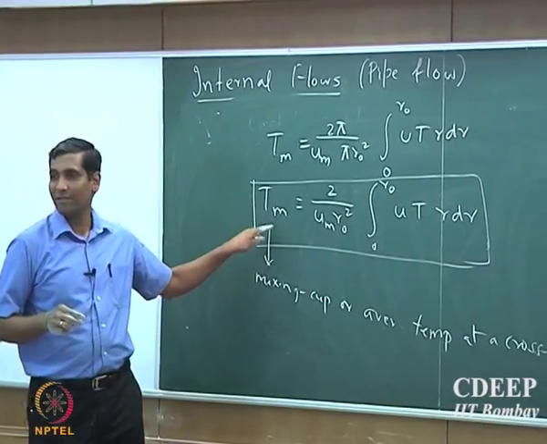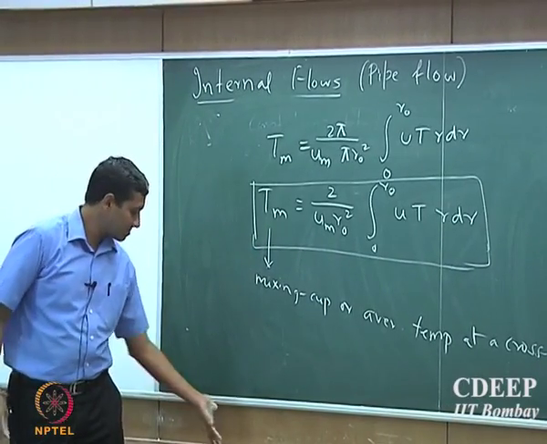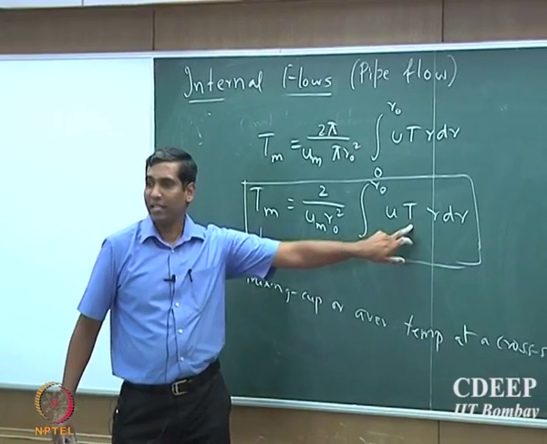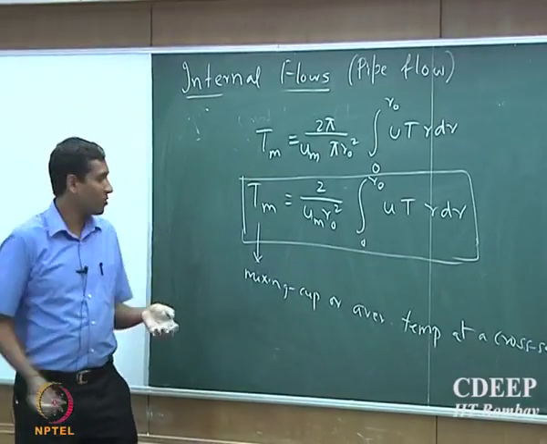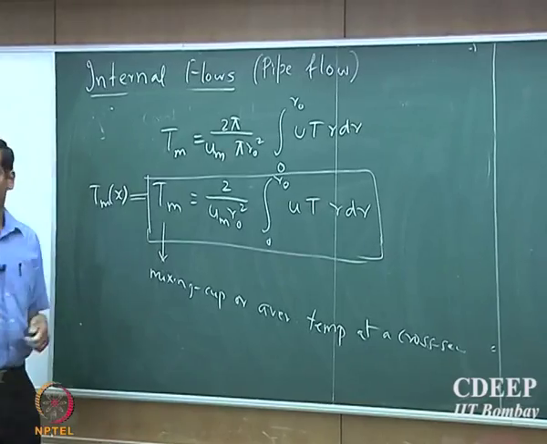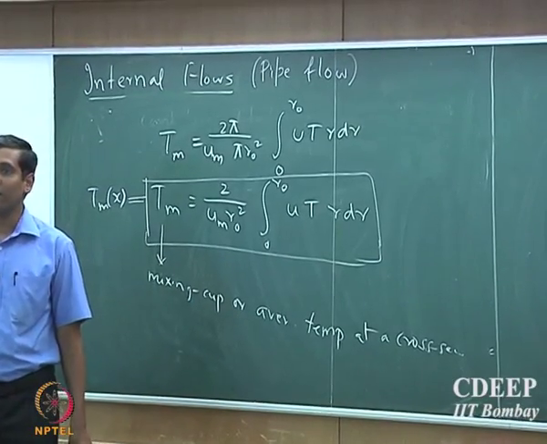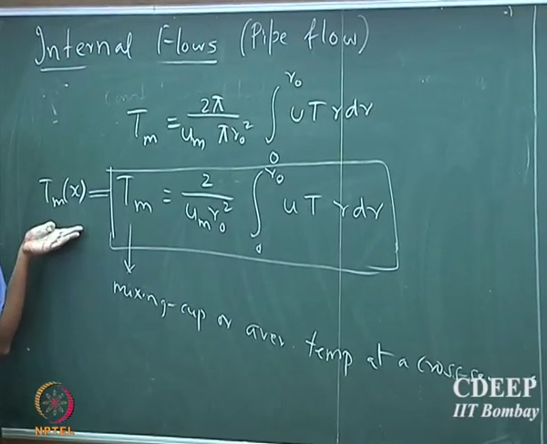It depends whether T is a function of x and r, right? So this integral is only over r, so the result obviously has to be a function of x position. Unlike what we saw in the velocity boundary layer, the mixing cup temperature is now a function of the x position.